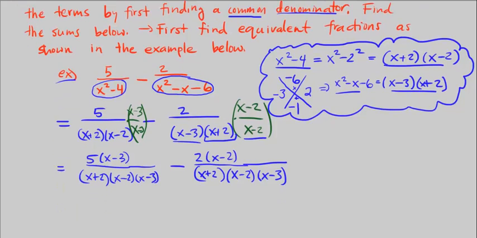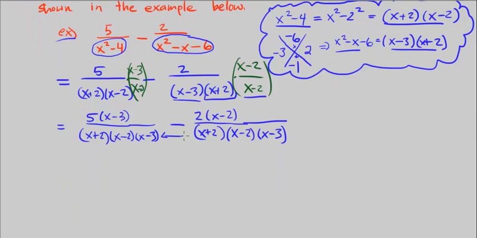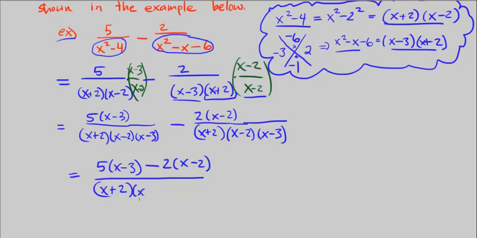So from there, we have a common denominator. They both have the same denominator, so I can add or subtract the numerators. I have 5 times x minus 3 minus 2 times x minus 2, all over x plus 2 times x minus 2 times x minus 3.